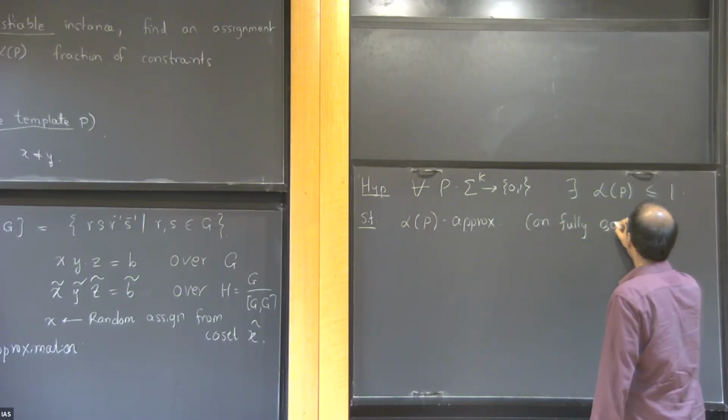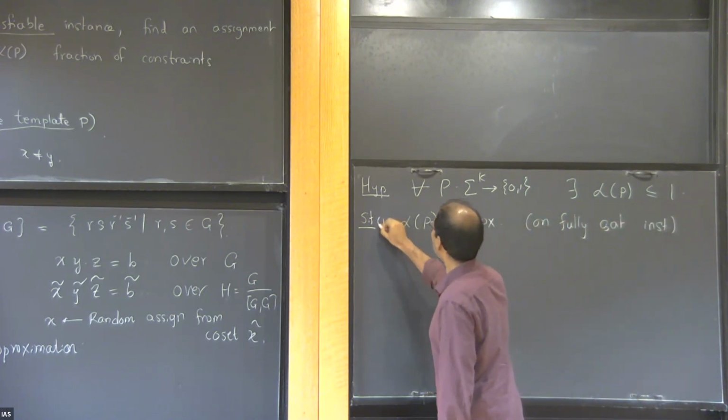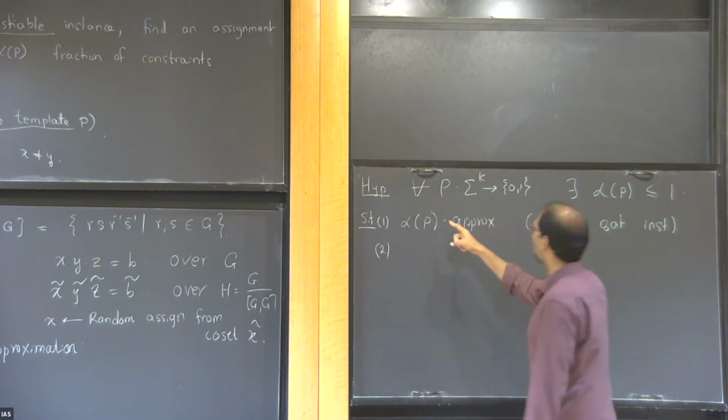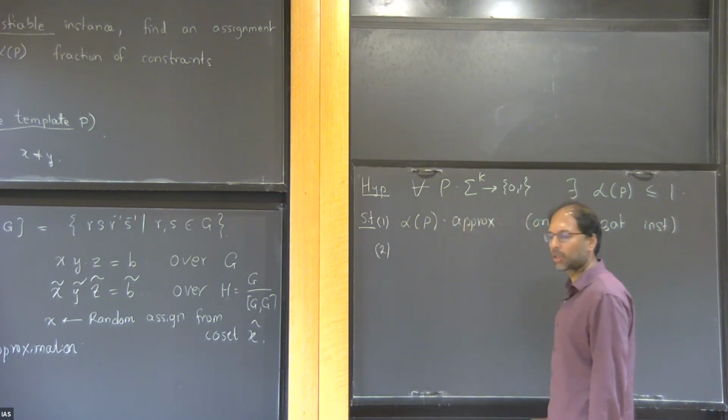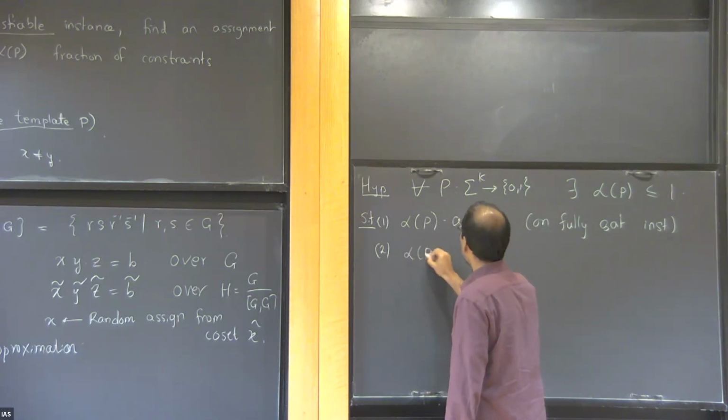Alpha P approximation is easy. And for every epsilon, alpha P plus epsilon approximation is hard.